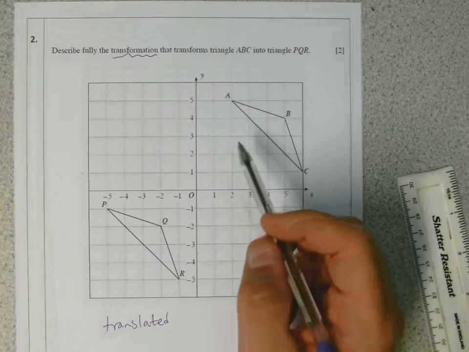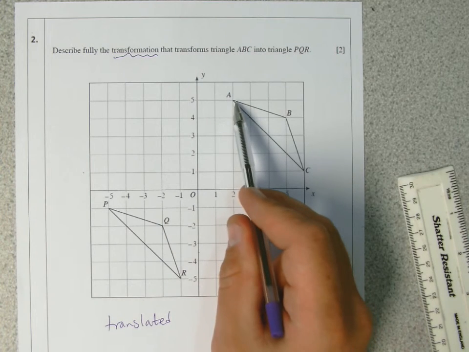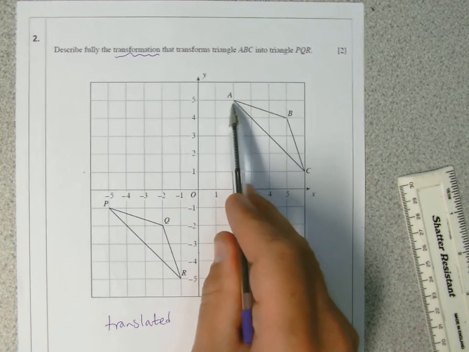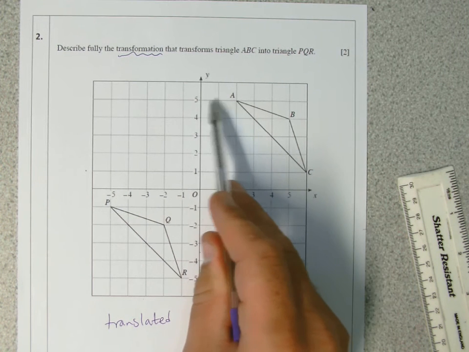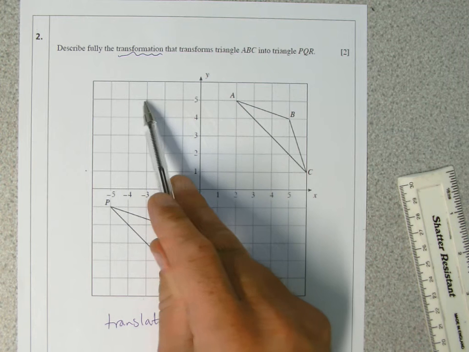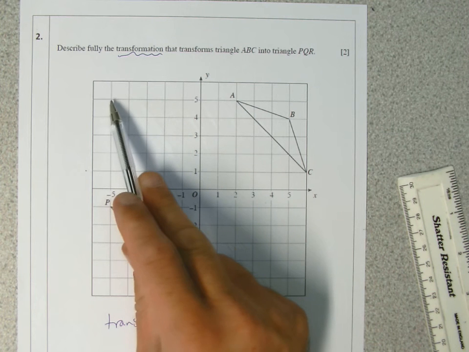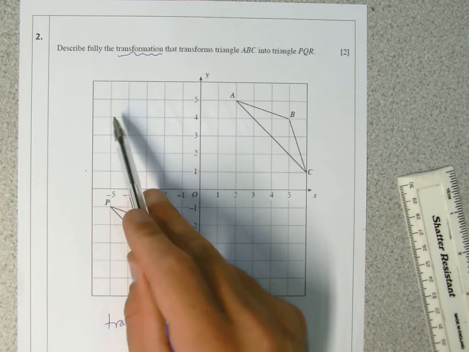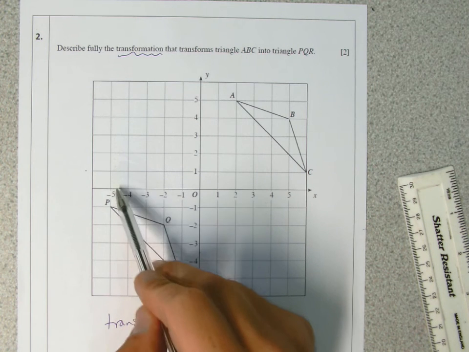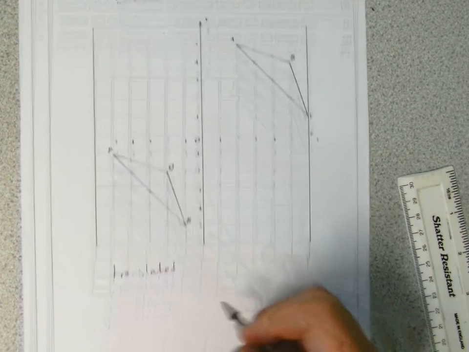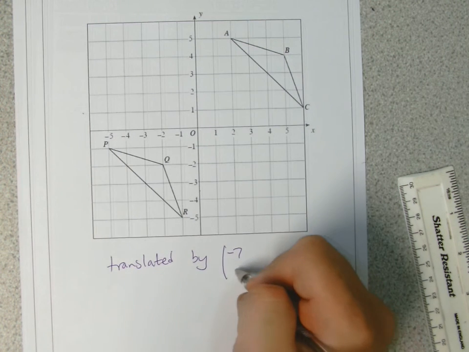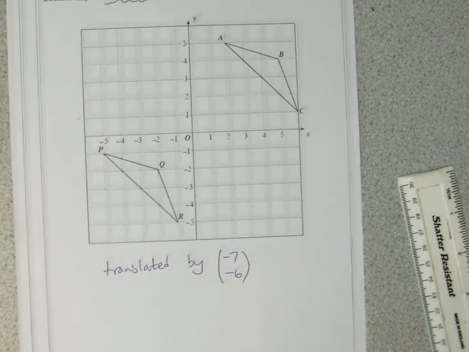And to work out what it's been translated by, to get from ABC to PQR, A has moved across what? 1, 2, 3, 4, 5, 6, 7. So it's moved back 7 and then down 1, 2, 3, 4, 5, 6, down 6. So we can say back 7 and then down 6. So there's our column vector there.